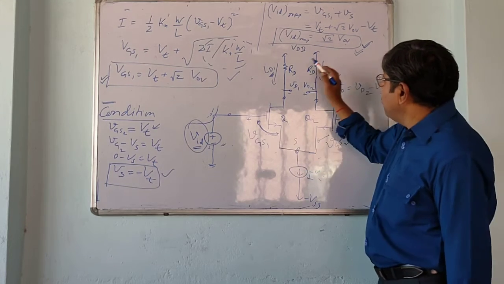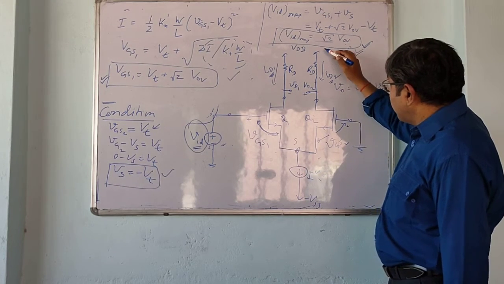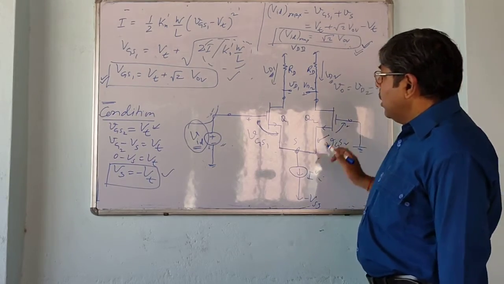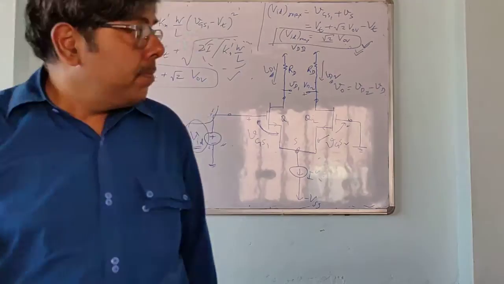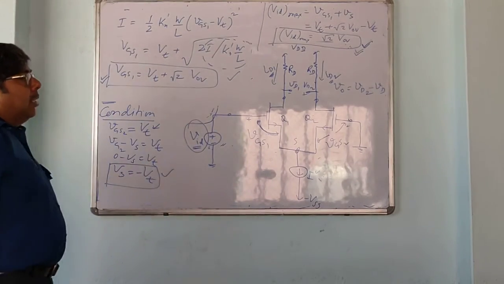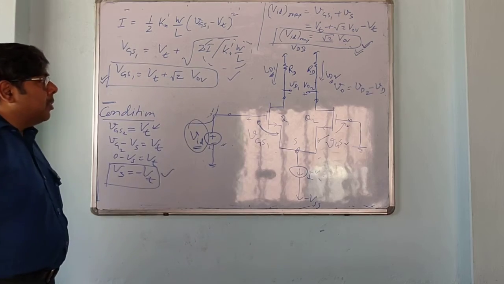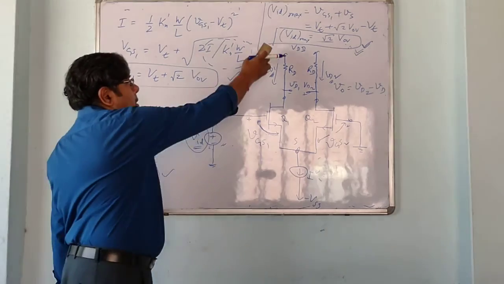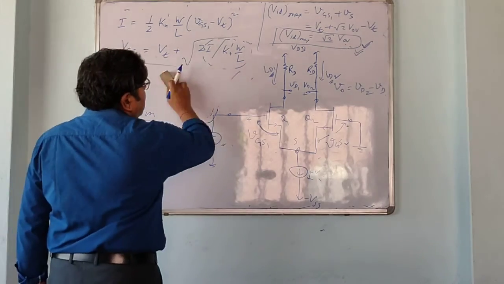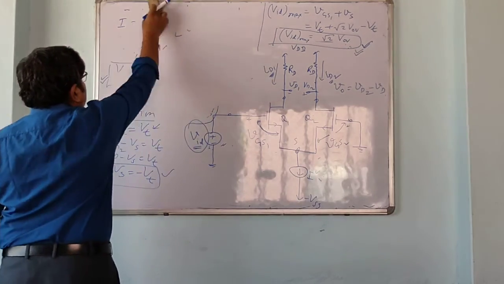And at this value of VID, current through Q2 becomes 0. And this is in one direction. When VID is positive, for positive values of differential input, this is the maximum value.